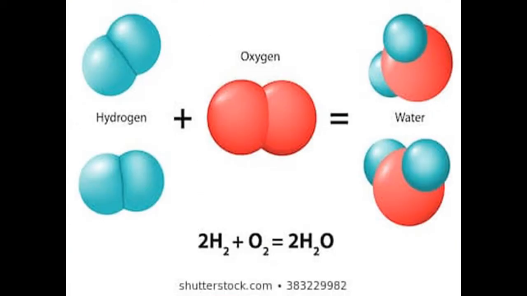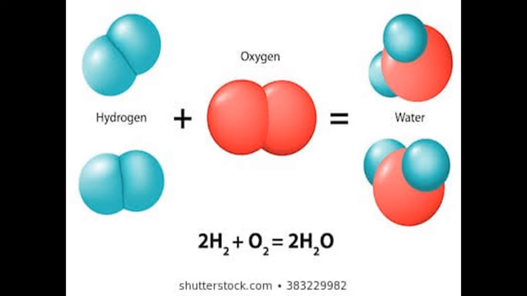So here let's know more about this reaction. Here I have hydrogen. As you see, two molecules of hydrogen react with one molecule of oxygen to produce two molecules of water. This is simply a chemical reaction to get water, from oxygen and hydrogen.